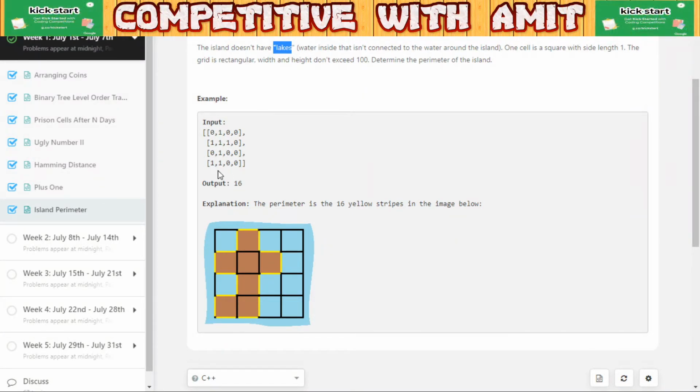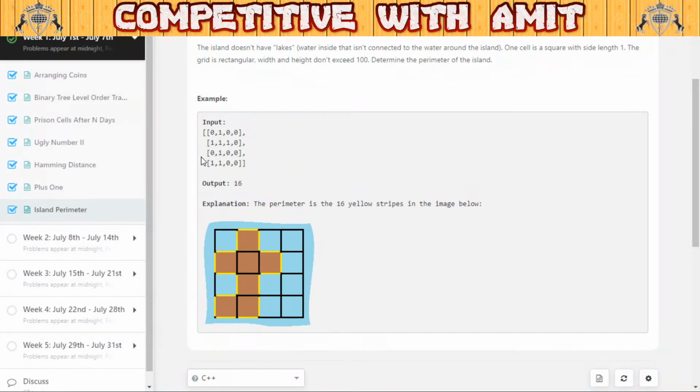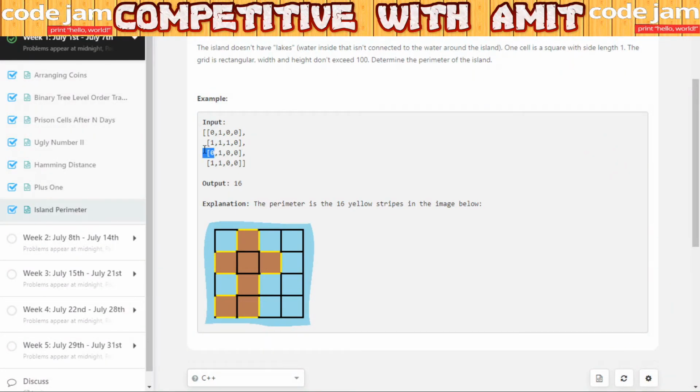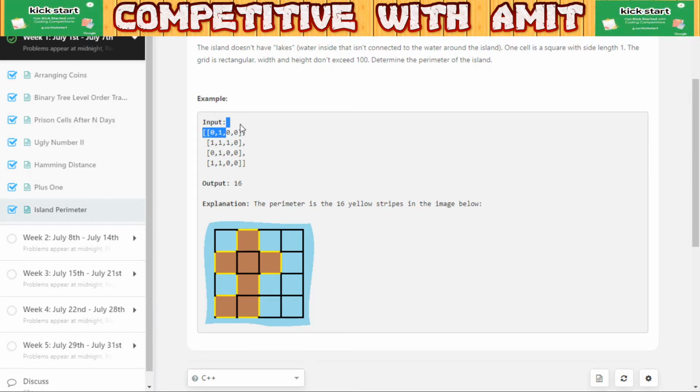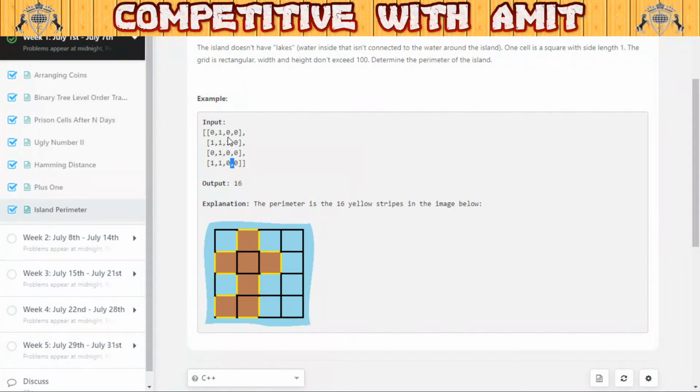In this case this 0 is surrounded by 1s, but on one side there is no 1, so it is connected to the outside. So we will consider this as water only, these whole side parts. And this matrix we will consider as land only.